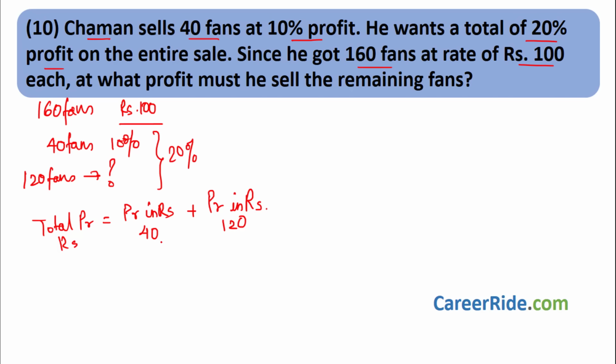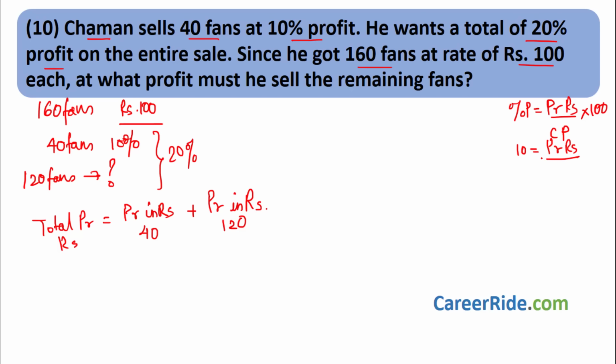Now let us see how to find profit in rupees. We know the formula: percentage profit is nothing but profit in rupees divided by cost price multiplied by 100. Chaman is getting 10% profit for 40 fans, so profit percent is 10. Profit in rupees we do not know. What is the cost price for 40 fans?